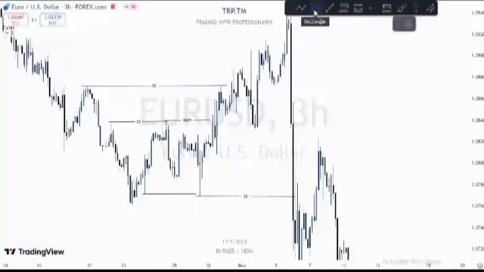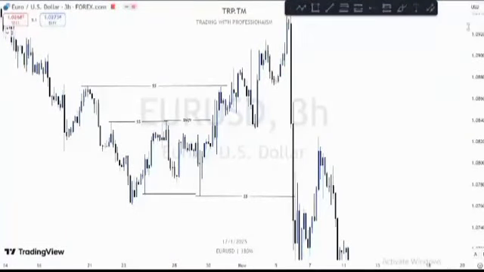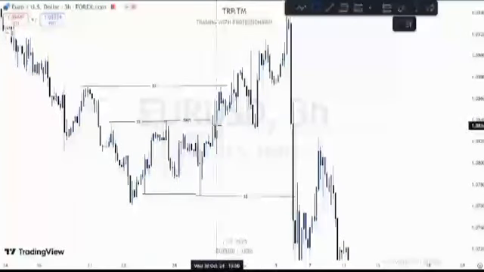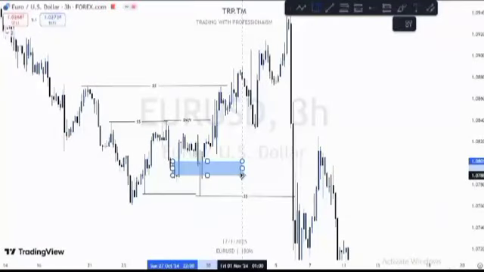If you go down to lower time frame, you can see the other block. There should be another block somewhere here. The market came down, reacted from it here, but I also see a reclaimed block, but the market didn't really get there. So this would be a missed entry.